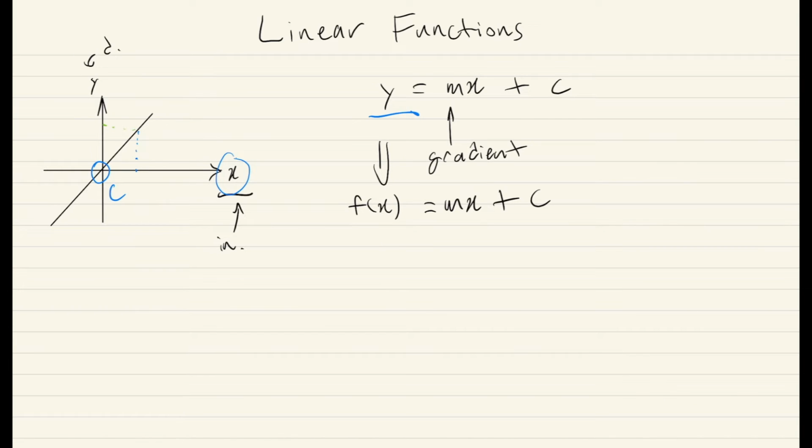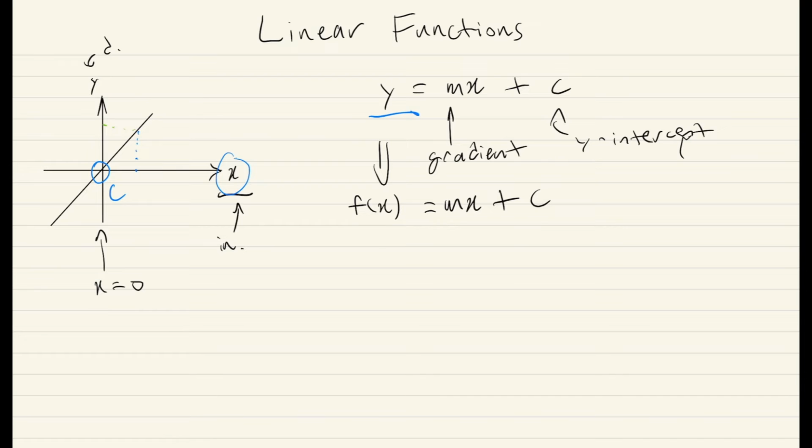So how do we find all these things? The gradient, the y-intercept, all of this stuff. Intercept. Alright, almost forgot how to spell intercept there. Firstly, we will just have to input values. So where would the y-intercept be? The y-intercept is at x equals 0.